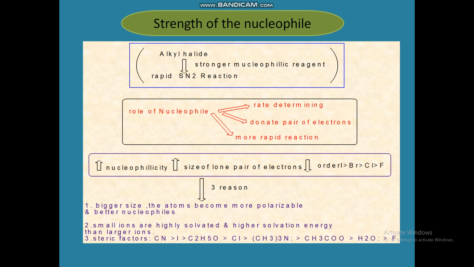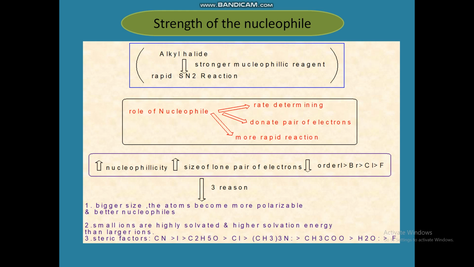Another reason is that steric factors in the attacking nucleophile play an important role, and sometimes assume significant importance in SN2 reactions.